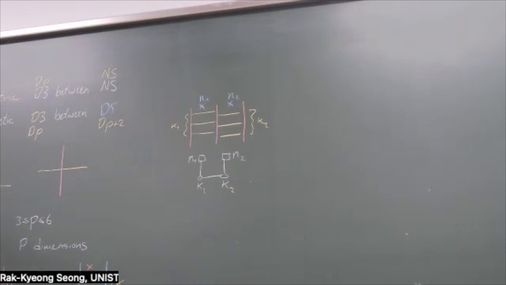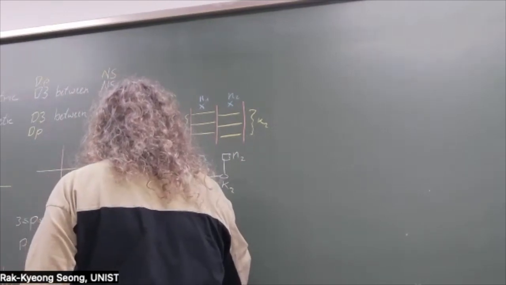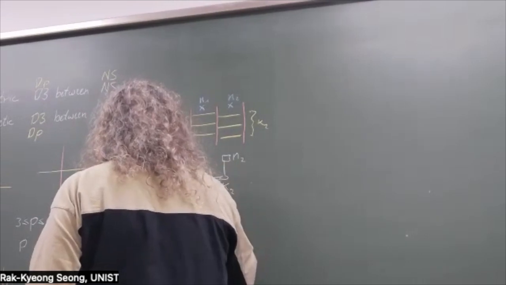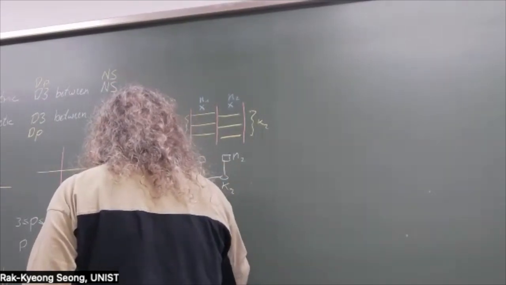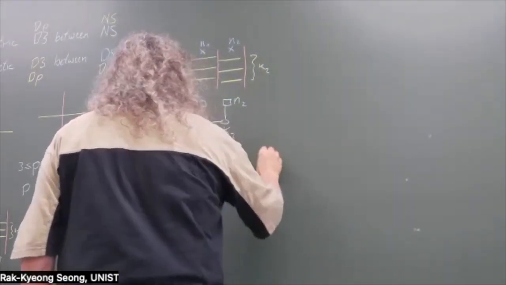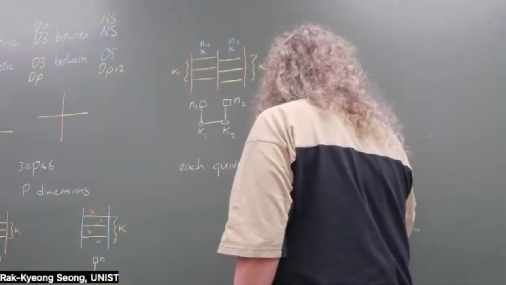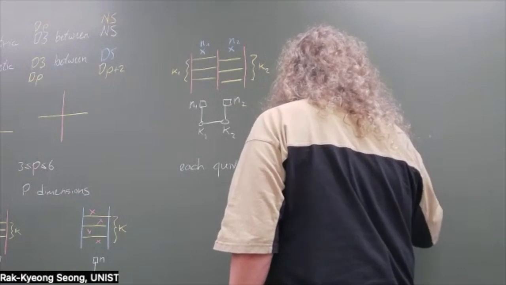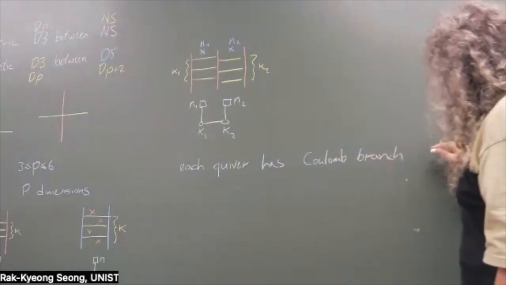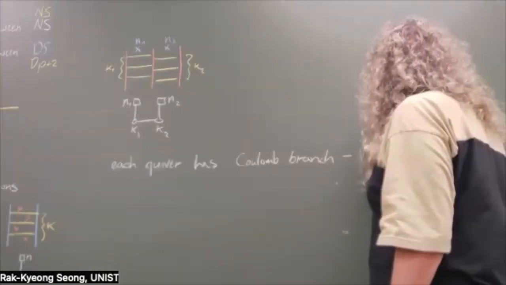Moduli space. So the moduli space here: every quiver has 2 moduli spaces. The Coulomb one, or alternatively, we should call it the moduli space of vector multiplets.